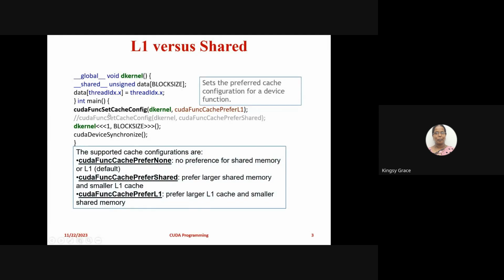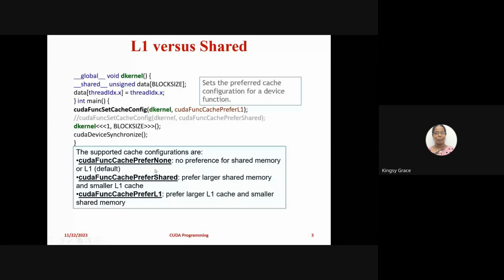This function will be given in the main function. Here you have to pass the kernel function as the first argument. After that, cudaFuncCachePreferL1 is given. Then you can launch the kernel, and you can see that allocation may be given.